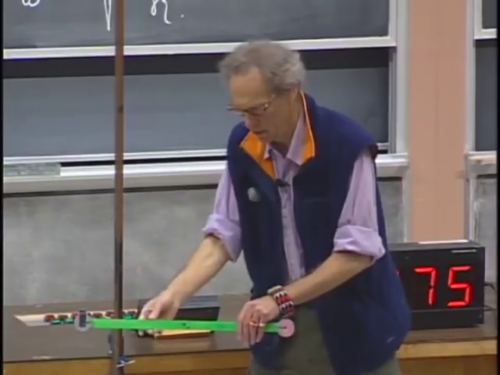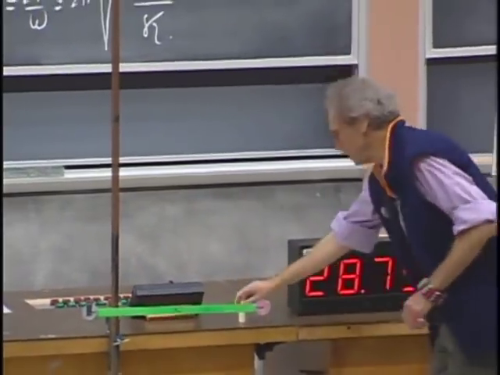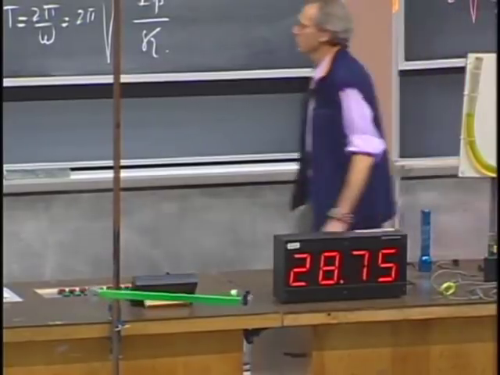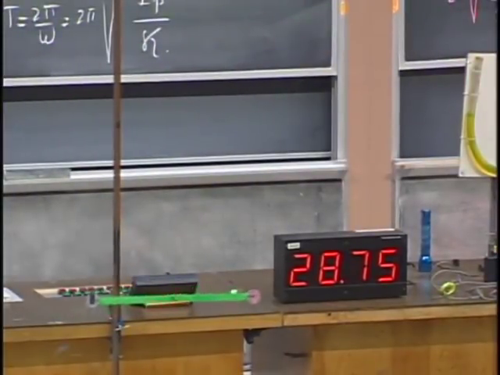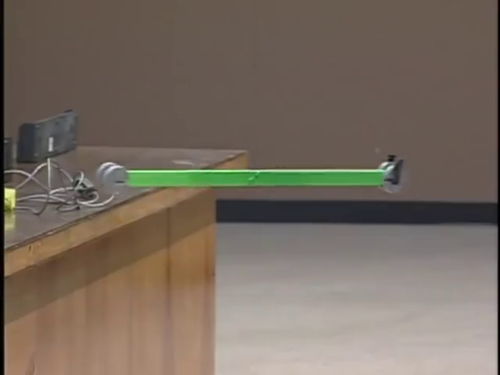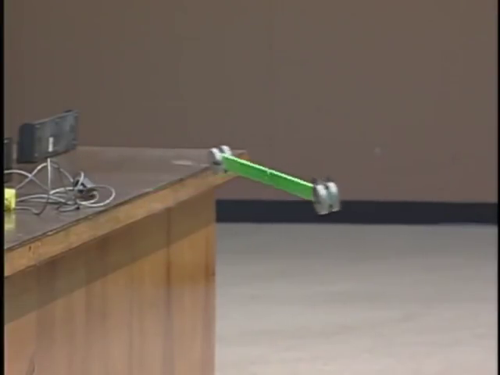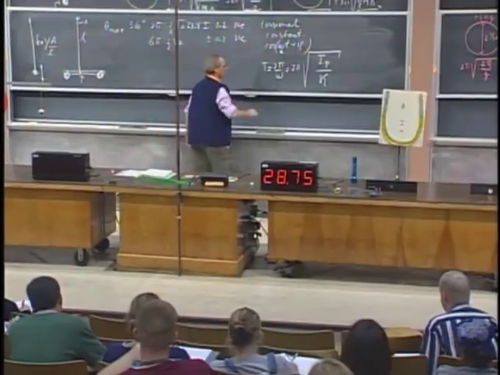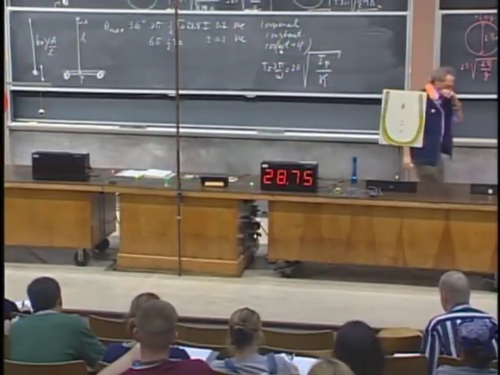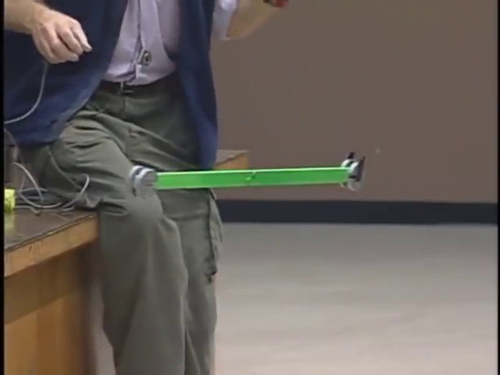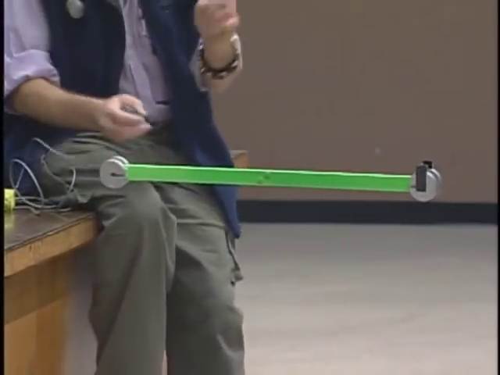Piano wire. Okay, let's go. I will start the timer when it stops. We have some time. 6 pi. If we rotate it 3 times, then it will rotate 6 times back before it stops. I hope you realize that.